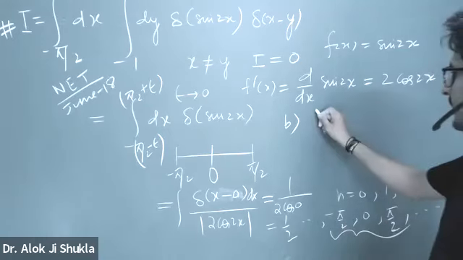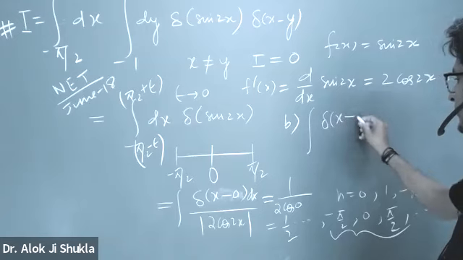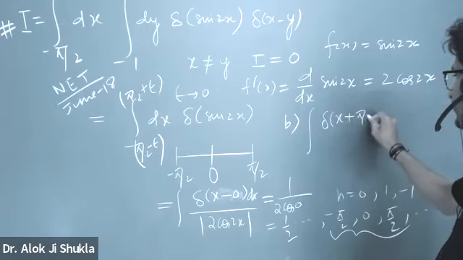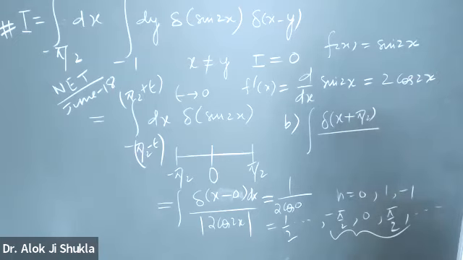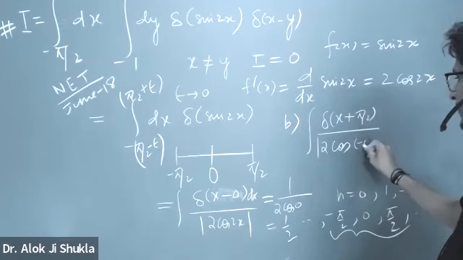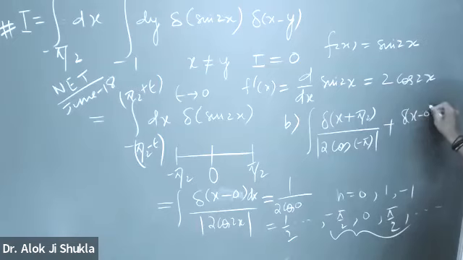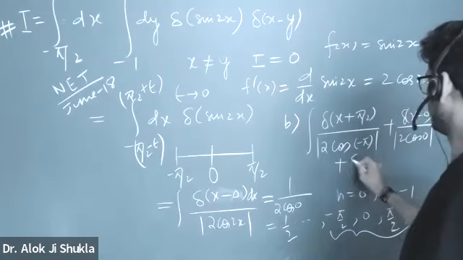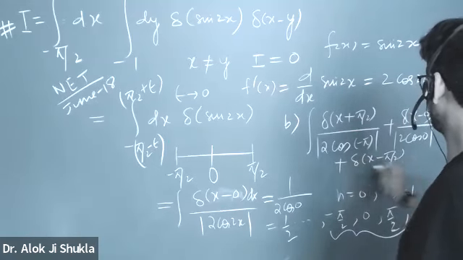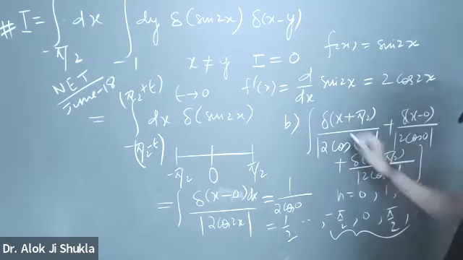Now I have integral of delta x plus pi by 2 over 2 cos pi, plus delta x minus 0 over 2 cos 0, plus delta x minus pi by 2 over 2 cos pi, in brackets, dx.